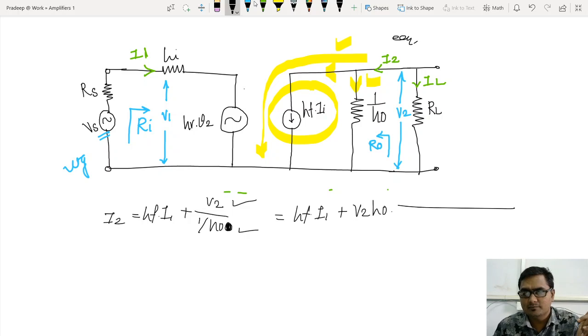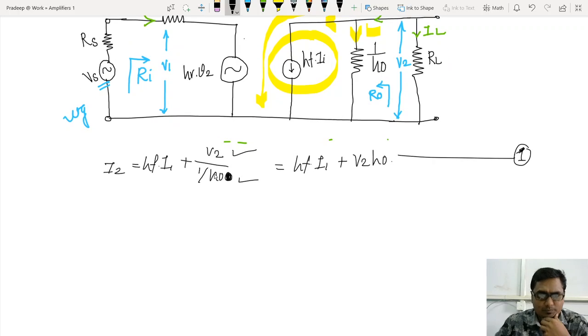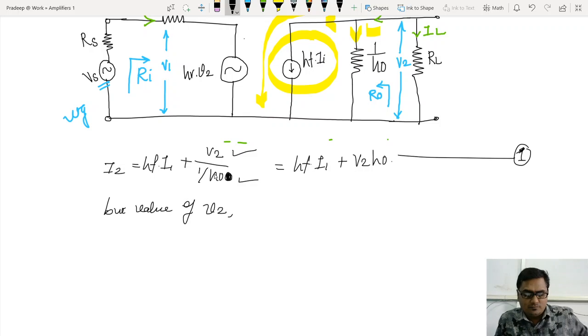Call it equation number 1. So this is the first thing that I have derived. But what is the value of V2? V2 is the output voltage, that is V2 is equal to IL multiplied by RL.